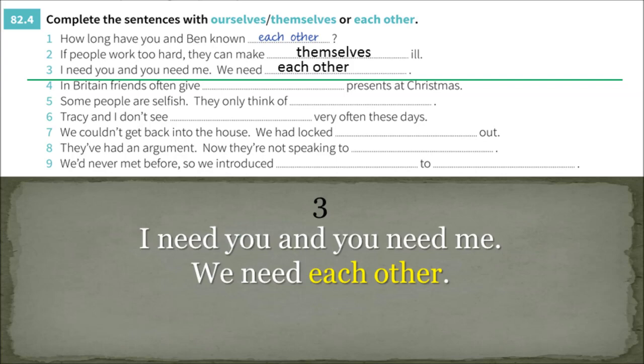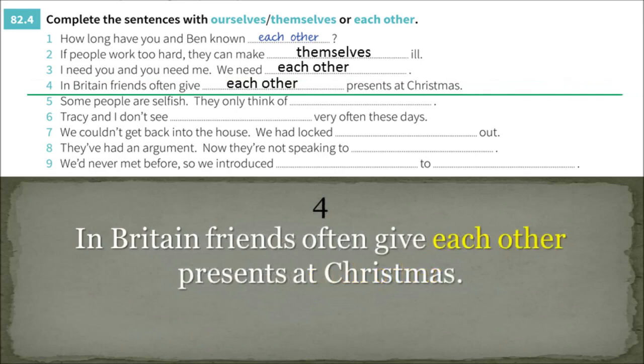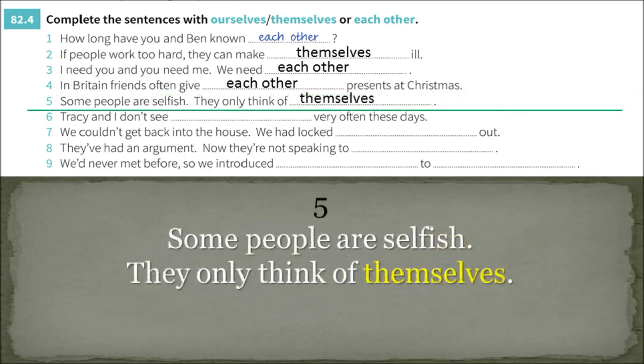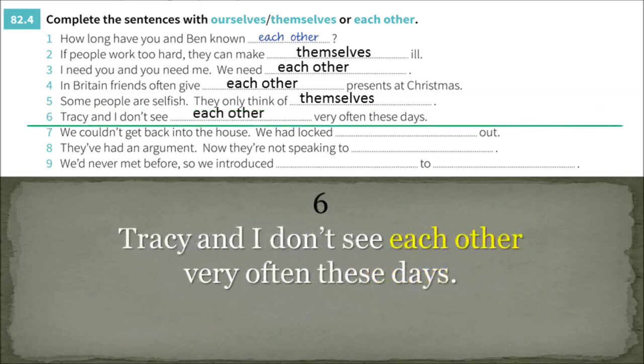We need each other. In Britain, friends often give each other presents at Christmas. Some people are selfish. They only think of themselves. Tracy and I don't see each other very often these days.